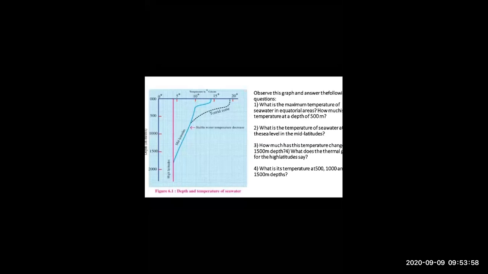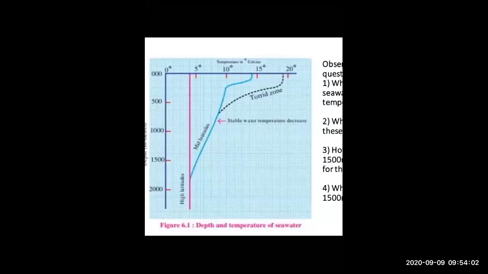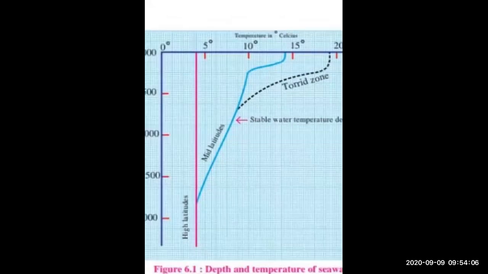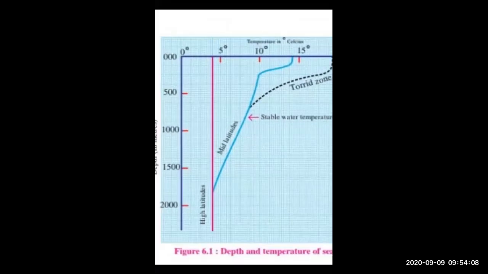And according to the depth, just look over there. Here there is a torrid zone, okay? In the torrid zone, the temperature is 20 degrees Celsius.